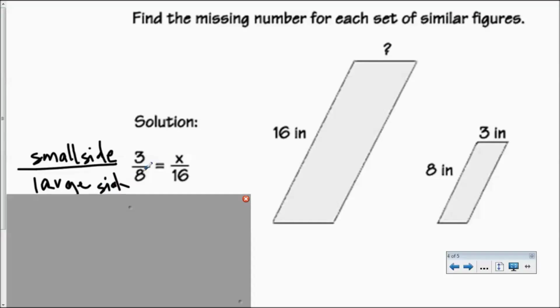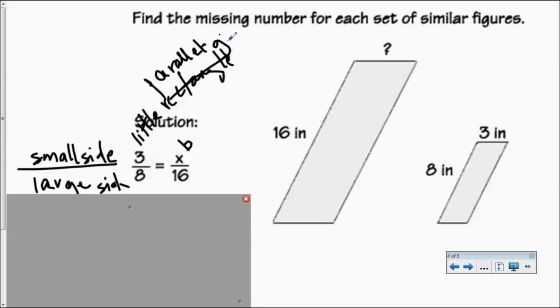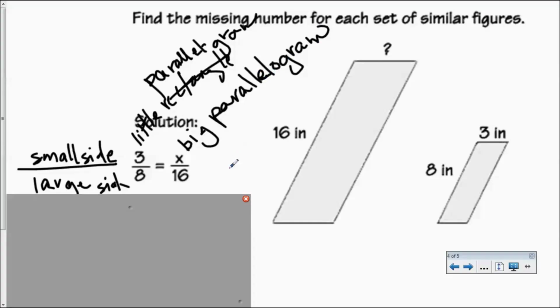Now looking at the ratios, 3 over 8 is showing the little rectangle, and x over 16 is representing the, actually it's not a rectangle, is it? It's a parallelogram. Setting up the proportion correctly is going to be your biggest obstacle.